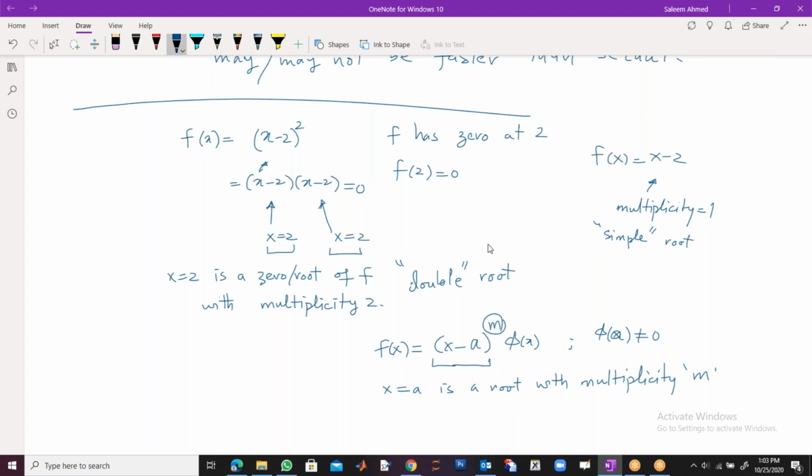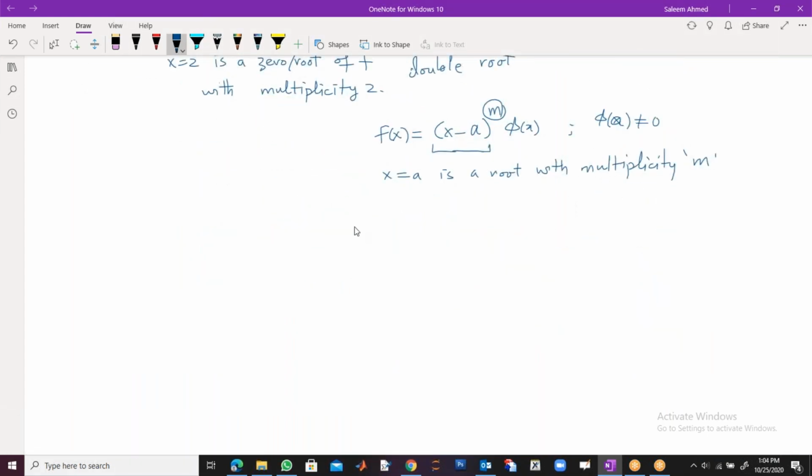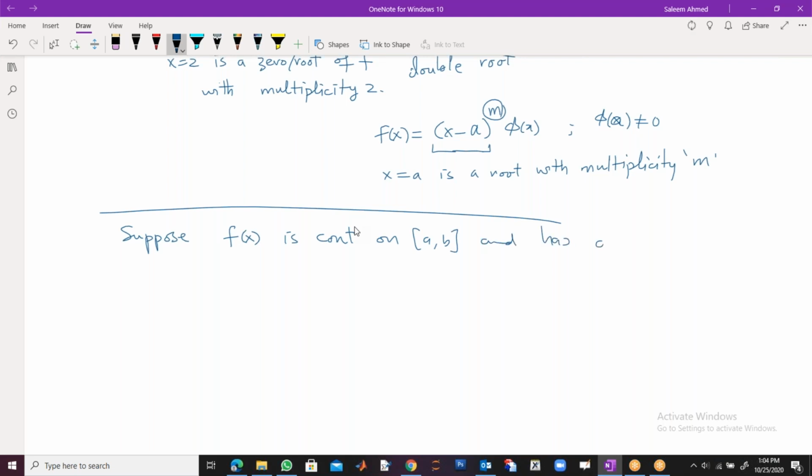So what happens if you do not have a simple root? Then we have another method which is based on Newton's method. We call it the modified Newton method. Suppose f(x) is continuous on [a, b] and has a double root, or multiplicity 2, at x equal to a.